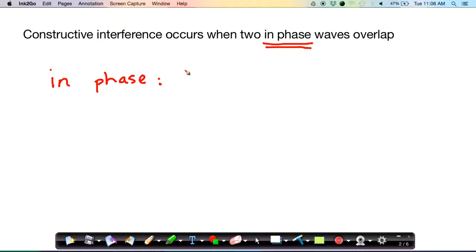We're going to keep it very simple. We're going to say that two waves are in phase if their crests overlap with each other and their troughs overlap with each other. So we're going to say crests overlap, crests, and troughs overlap, troughs.